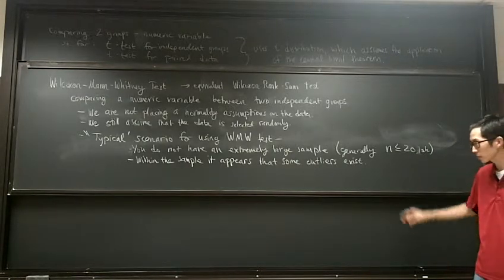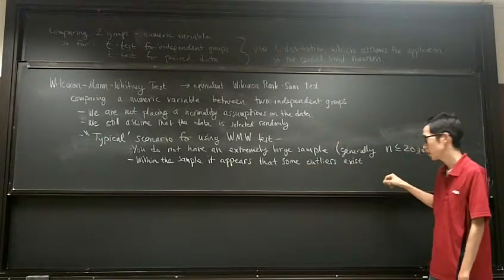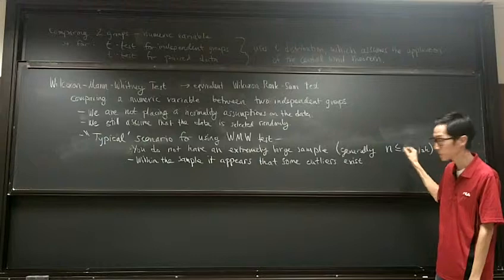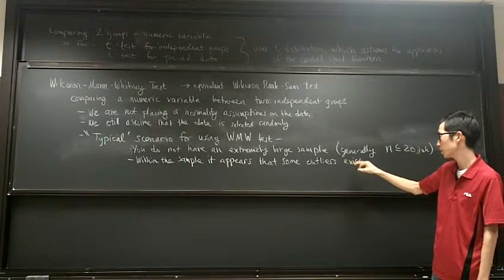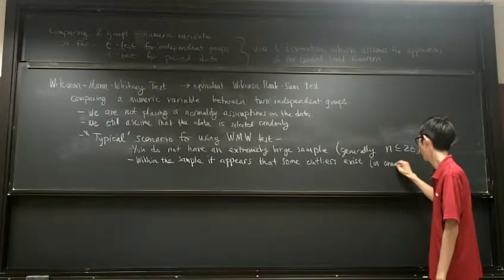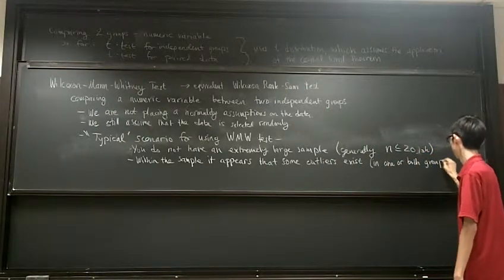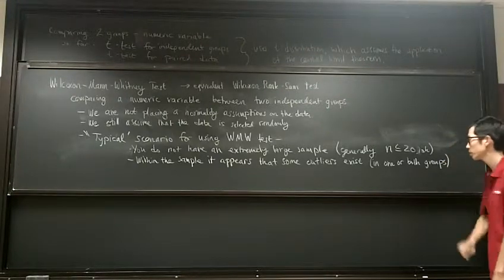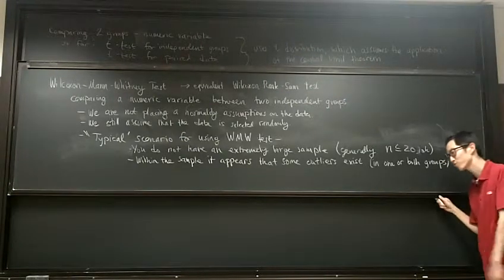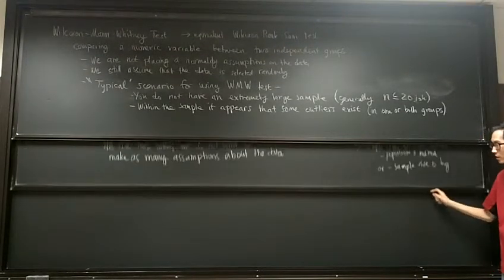So some outliers exist in one or both of the groups. That's your typical scenario for these.